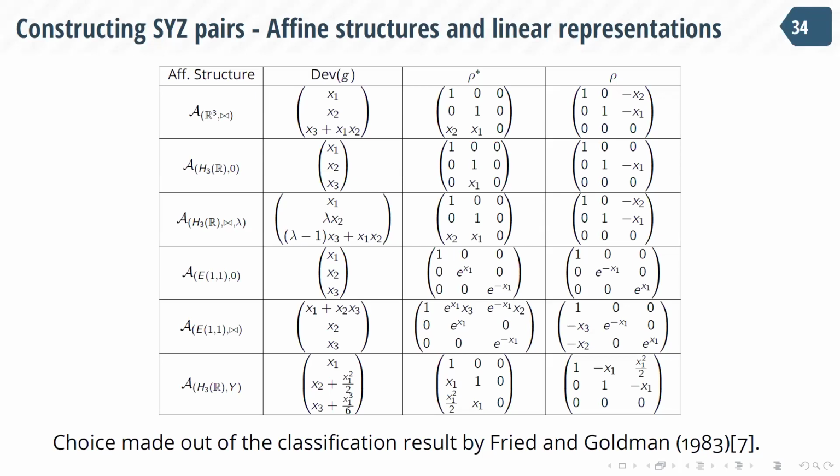The choice for the affine structure was done by following the result by Fried and Goldman, which is regarding the classification of integral affine structures for three-dimensional Lie groups.